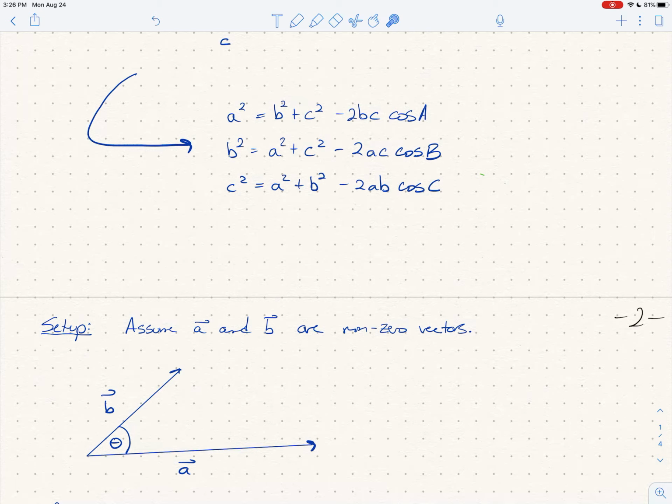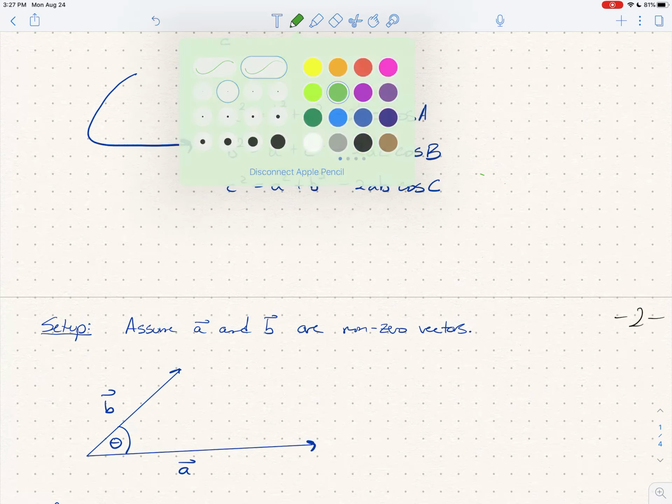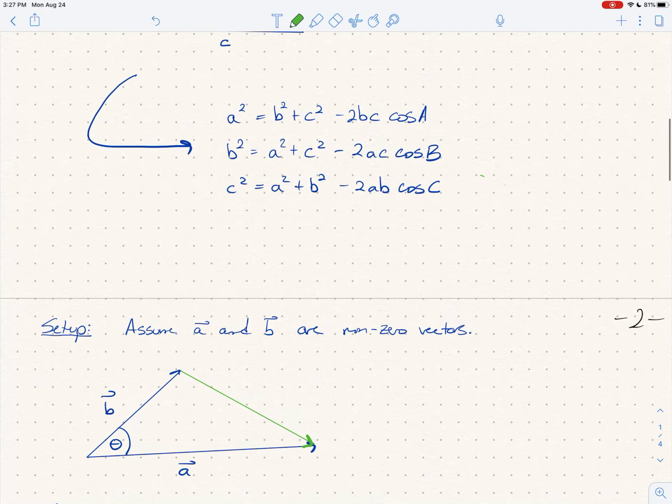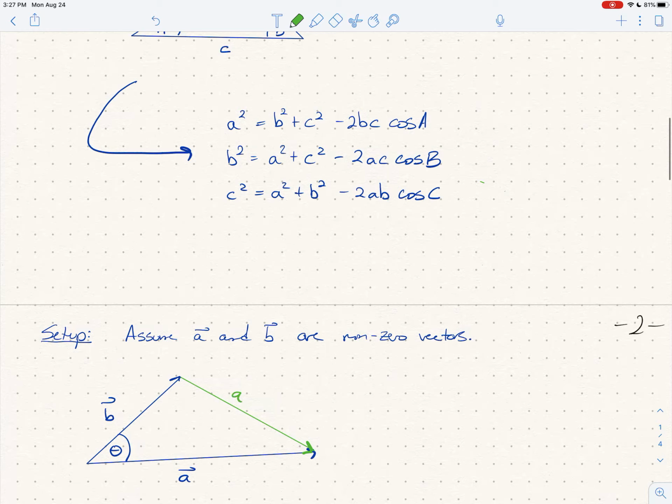And I'm interested in figuring out what this vector is, and I'm going to ask you, if you can, to please pause the video, look back if you need to, and see if you can figure out what this vector is in terms of A and B. Hopefully you remember that this is exactly the vector A minus B. So once we know that, we can apply the law of cosines.